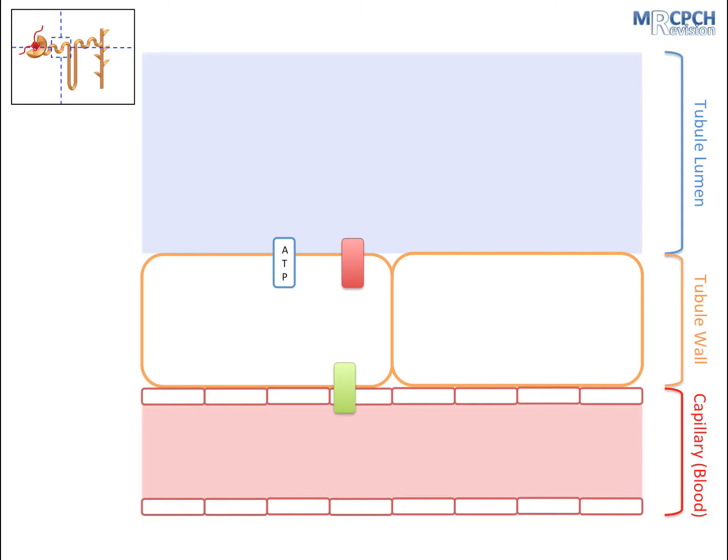At the glomerulus, protons and bicarbonate ions are freely filtered like this. And in the tubular lumen, they combine to form carbonic acid. On the luminal side of the tubule wall, the tubule cells have on their surface carbonic anhydrase 4.